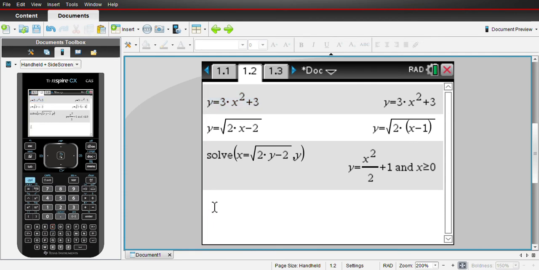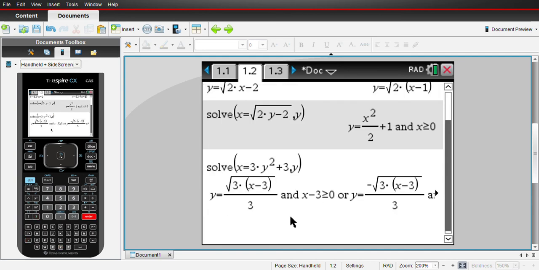And another way you can put it in is if you type in solve, and once it goes to italics, the sort of normal type of text, that means it's recognized that this is a function the calculator can do. Solve. Okay, swap your x and y. And then make sure you put comma y, so it solves for y.